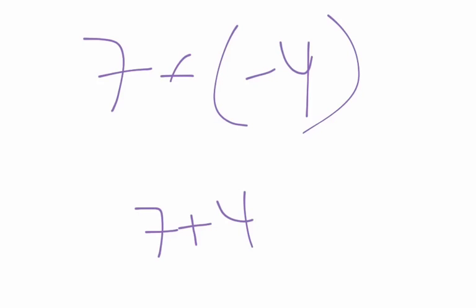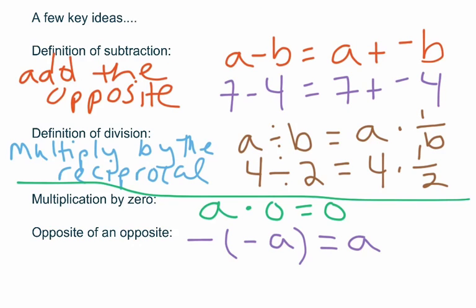So I'm going to take this and add the opposite. The opposite of -4 is +4, and that's where the 7 plus 4 comes from, and why subtracting a negative is the same as adding. So the opposite brings you back to where you started.